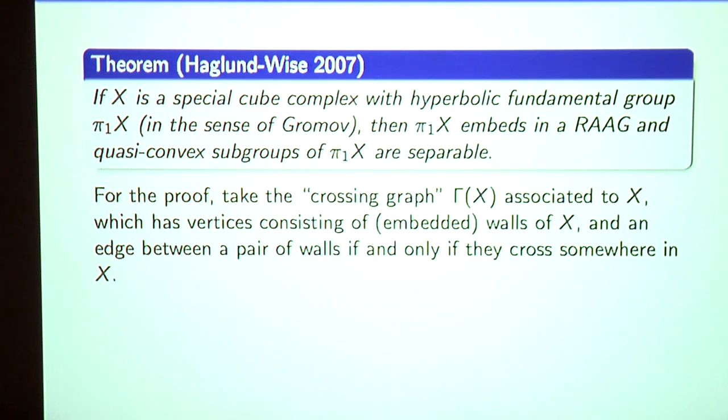In other words, we can get some form of LERF, not for all finitely generated subgroups, but at least the quasi-convex ones.